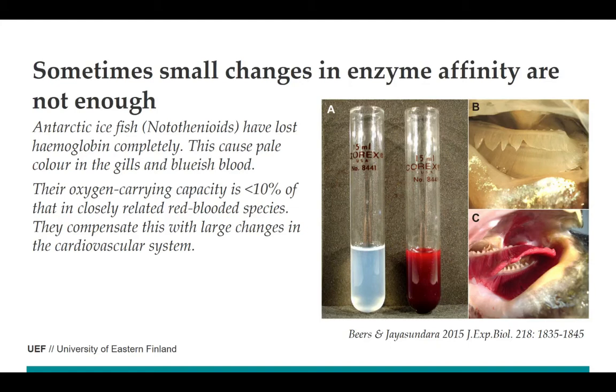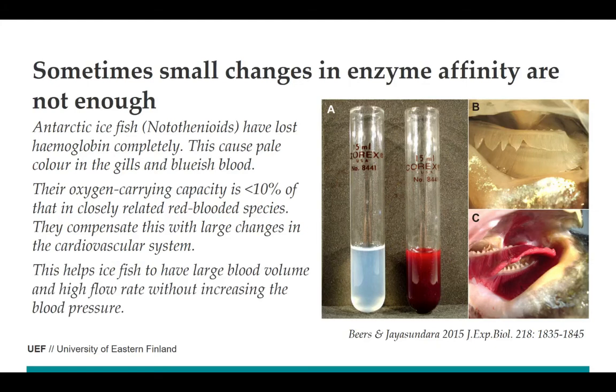They compensate for this with large changes in the cardiovascular system. One of these changes is that they have a large blood volume and high flow rate, so they can have fast-circulating blood without a high blood pressure. And when it's circulating fast, it gets icy only with difficulty.